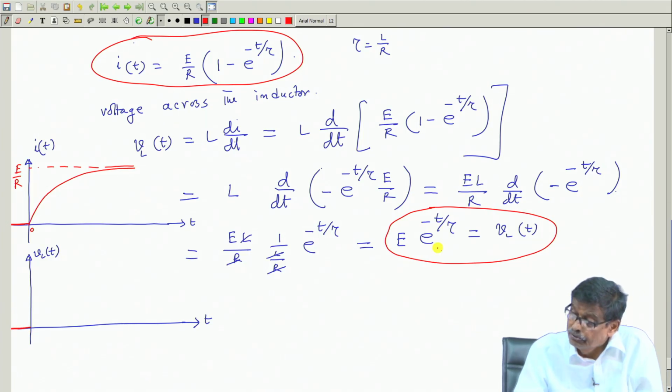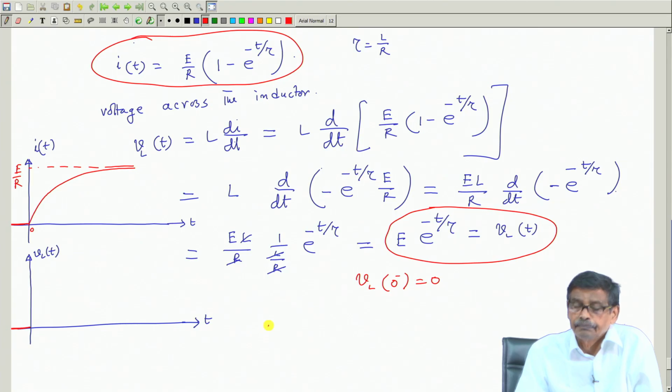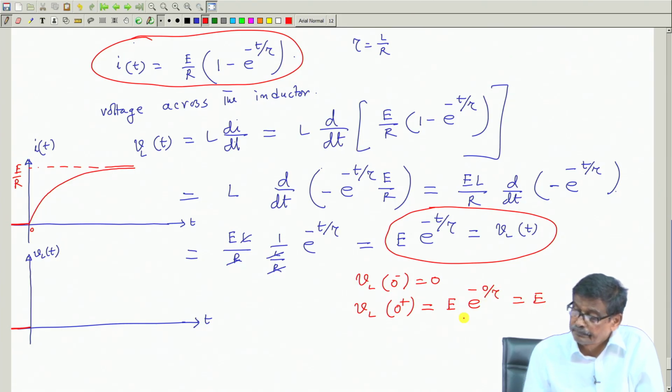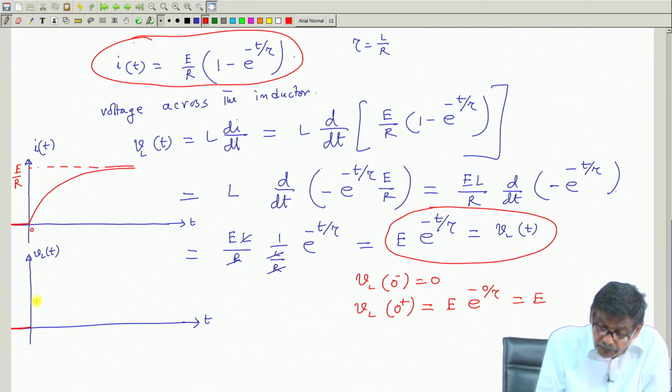At t equal to 0 minus it was 0, but at t equal to 0 plus, put t equal to 0 here, the voltage will be E into e to the power minus 0 by tau, that is equal to E. Therefore, the voltage across the inductor will have a sharp jump at t equal to 0.